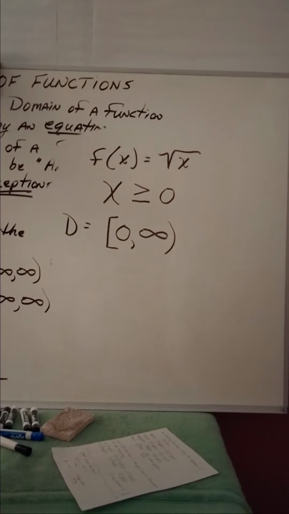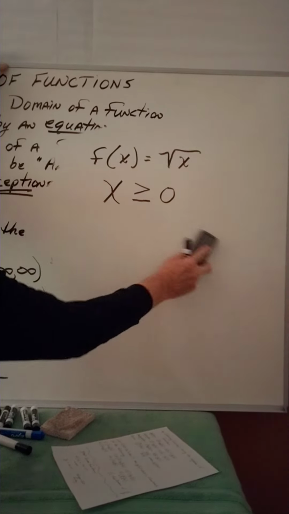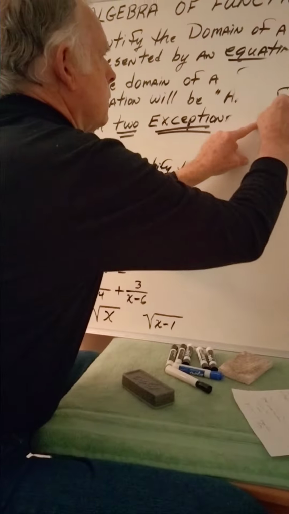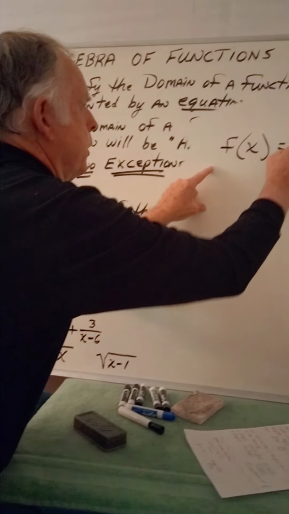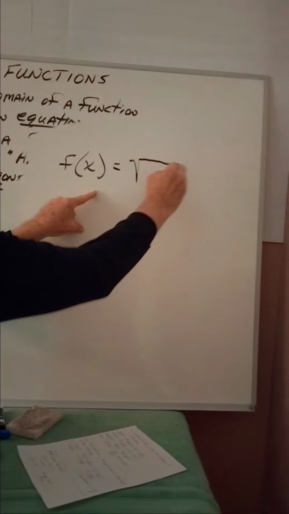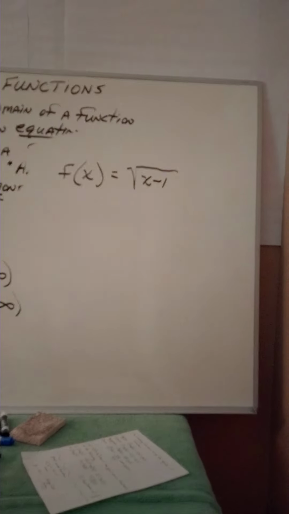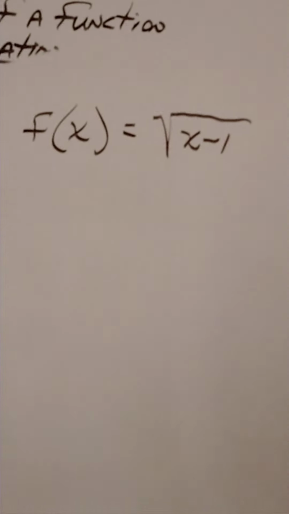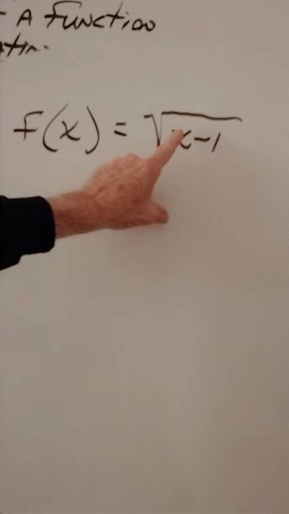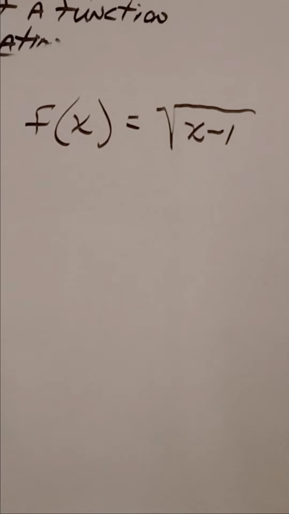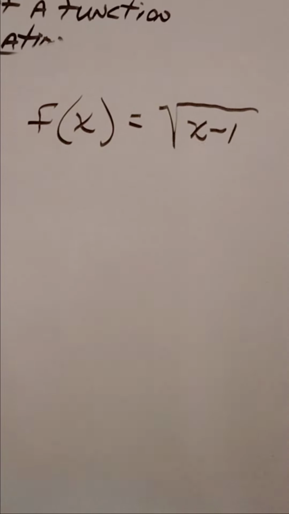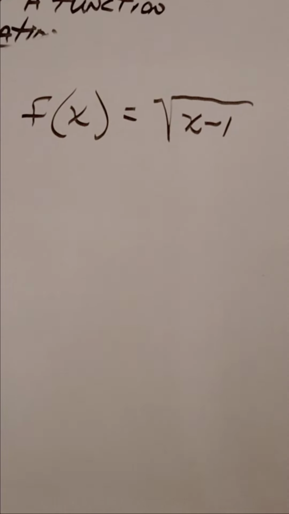Now, one more square root function, and then we'll call it on this particular one, and we'll resume back with you in a few minutes. Let's go to this, just so that we see it. Another square root function. We cannot let x be any number that will cause the overall value of that radicand to be a negative number. So to identify the domain, we do to this one exactly what we did with the last one.